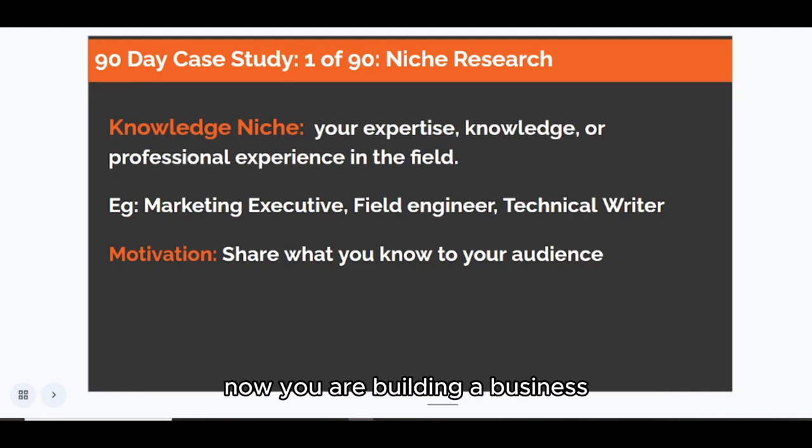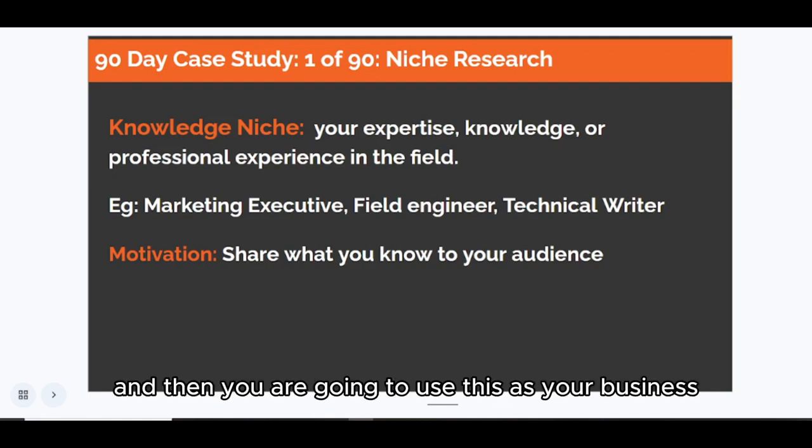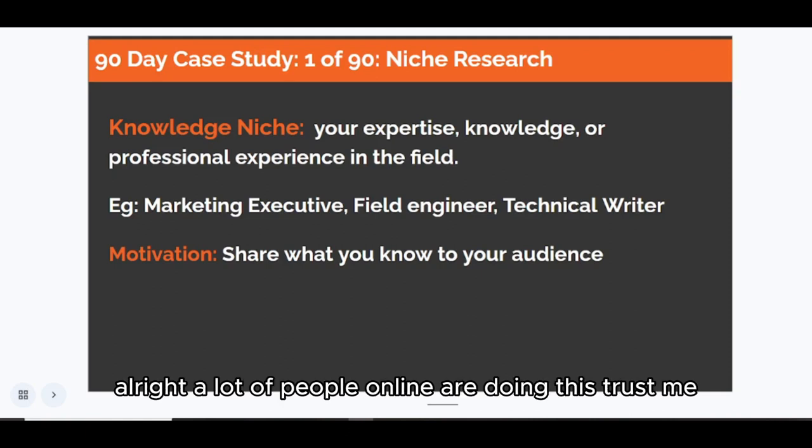Now you are building a business out of the experience that you have gotten from your professional knowledge. So a knowledge niche is referring to something that you know, something that you have experienced, skills that you have acquired, and then you are going to use this as your business.